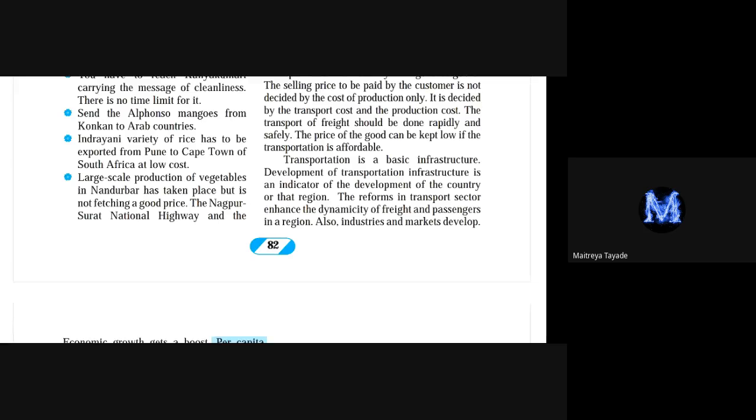There is one saying: if your transportation infrastructure is continuously increasing, meaning your road building, railways building, even gas pipelines, these transportation facilities or infrastructure are continuously increasing, it means the growth of that country or that region is very fast. So transportation is a basic infrastructure, and its development is an indicator of development of a country or region.